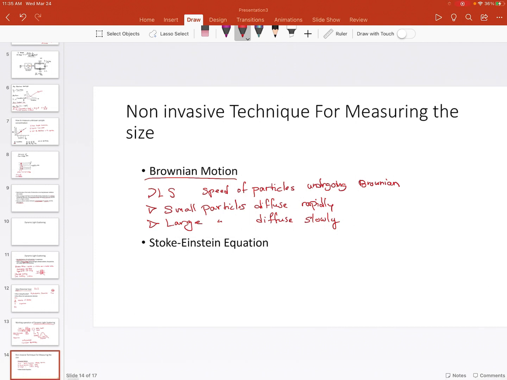So small particles compared to large particles will scatter light differently. The velocity of Brownian motion is defined by the translational diffusion coefficient.